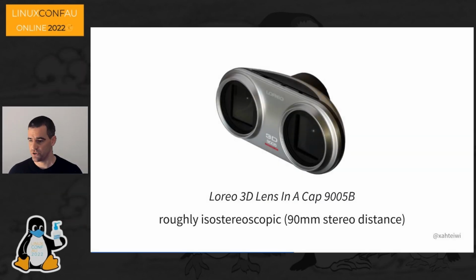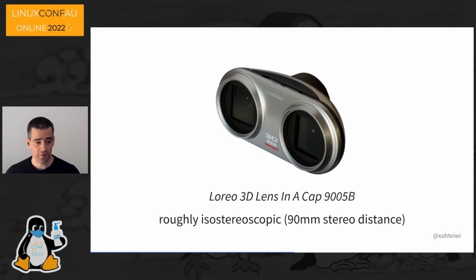And this is something that we call isostereoscopic, or roughly isostereoscopic. So this thing here has a roughly 90 millimeter stereoscopic distance, and that compares relatively well to the typical 70 millimeters that you have from your eyes. So for pictures that you take with this sort of lens, the depth effect will roughly match your natural stereo distance.